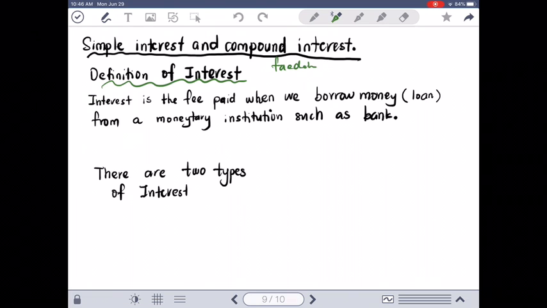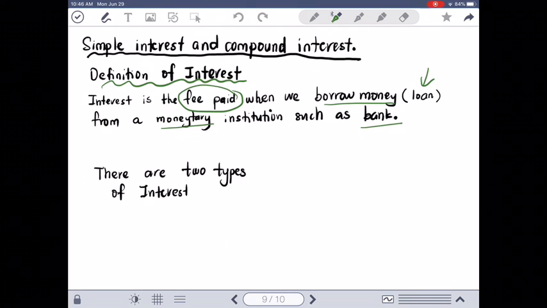Maybe your parents talk about faedah or bunga. These are interest actually. So the definition of interest: interest is the fee paid when we borrow money from a monetary institution such as a bank. Borrowing money from a bank is known as a loan.